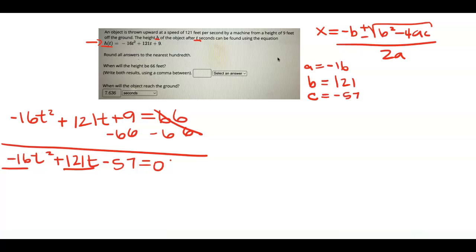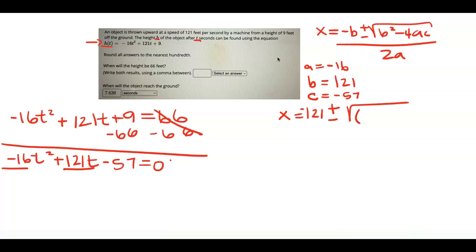Okay, so let's plug this in. So negative b would be a negative 16 or a positive 16 plus or minus the square root of, oh my goodness, I did it wrong. Negative 121. This is why you write it out so you don't make a mistake.